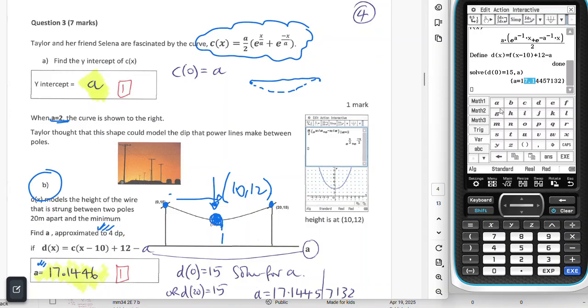And there's my answer for a, 17.144571332. I could have chosen this point over here and said d of 20, and I'm going to get the same answer.